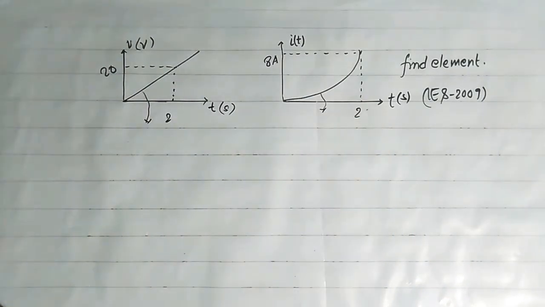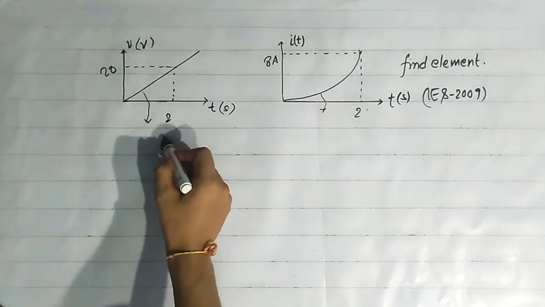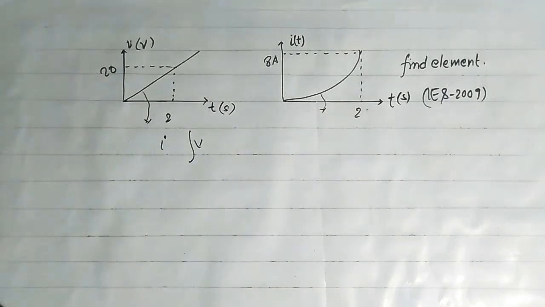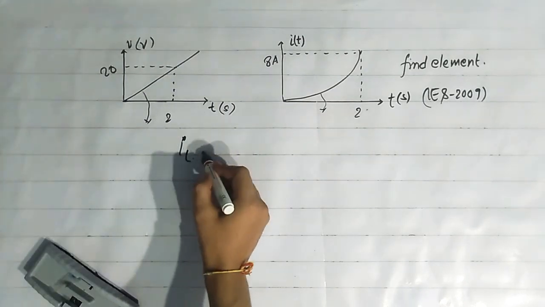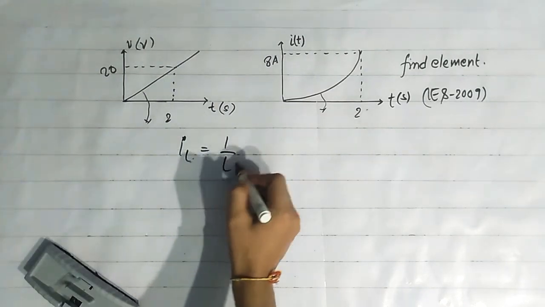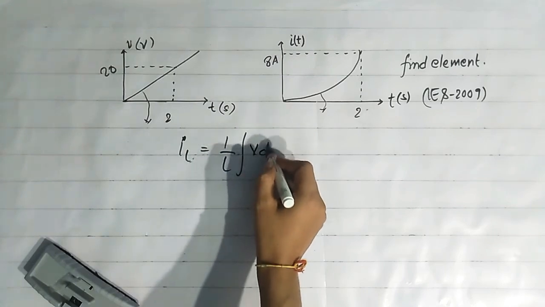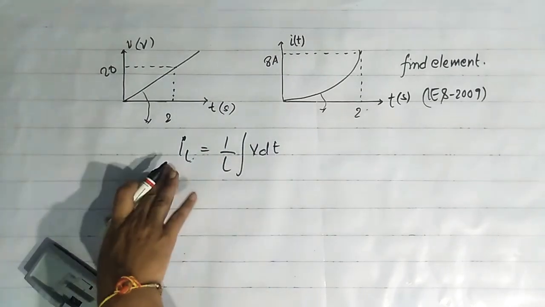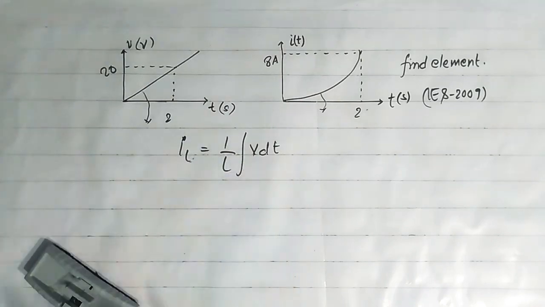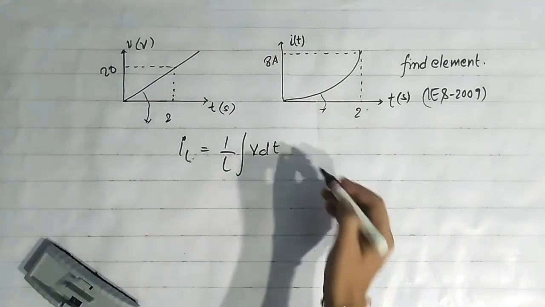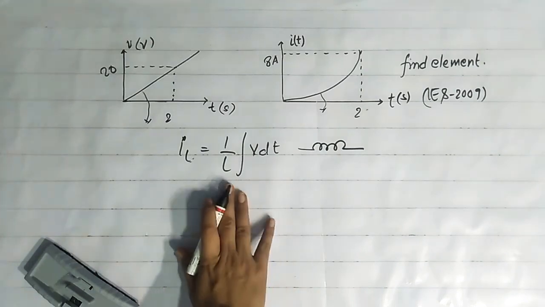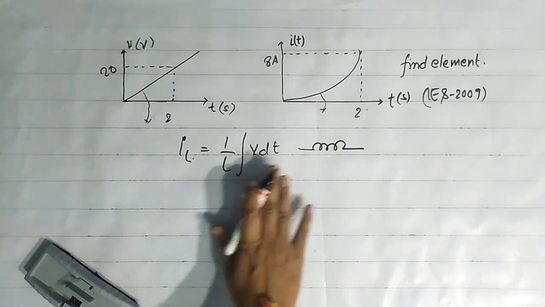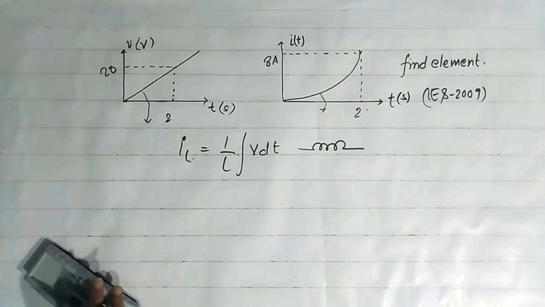So it simply shows that current is the integration of voltage, and we know that the equation of inductor current is equal to 1 by L integration of V dt. So here also current is the integration of voltage. It means this element must be an inductor, because this equation is only satisfied for the inductor.